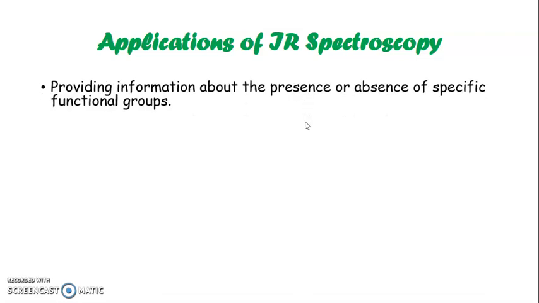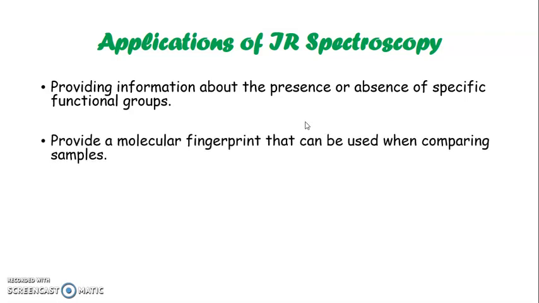So, the infrared spectrum is most useful for providing information about the presence or absence of specific functional groups. It can provide a molecular fingerprint that can be used when comparing samples.